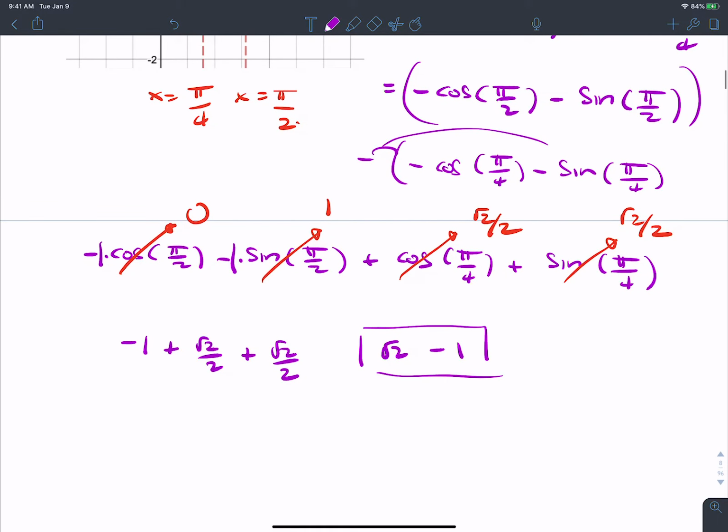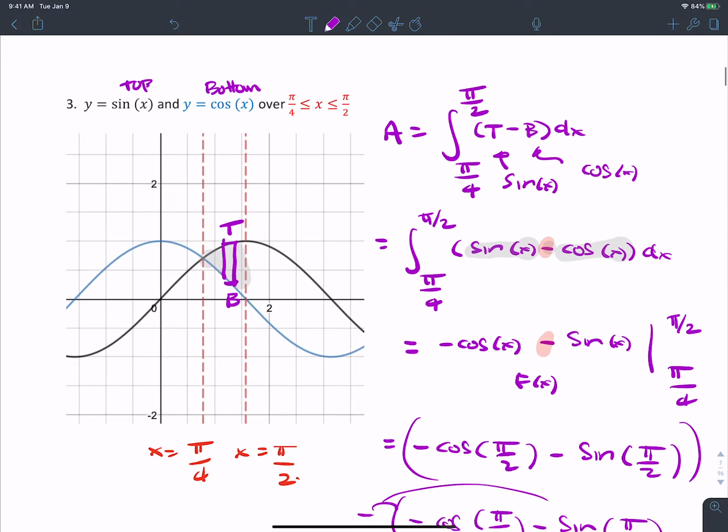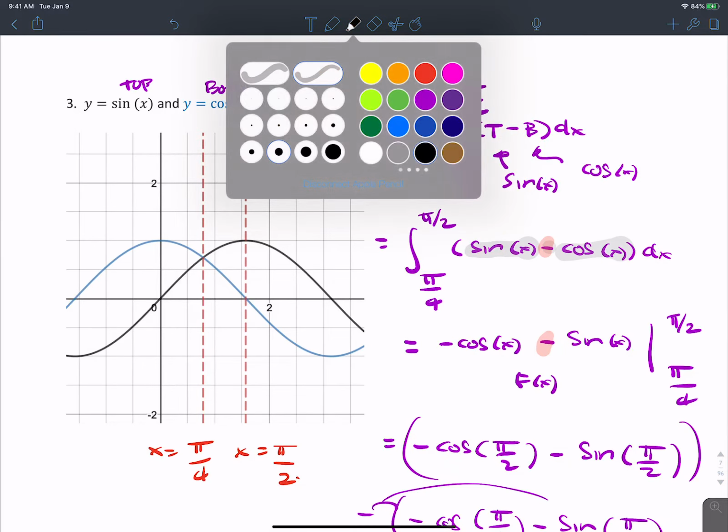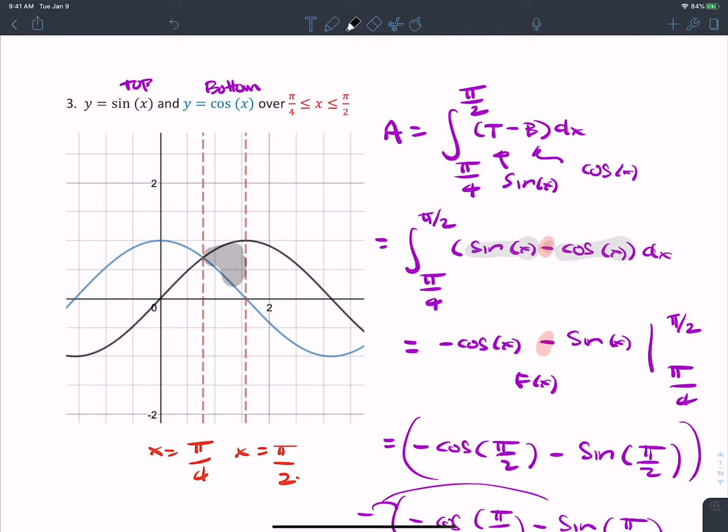And I want to point out, the square root of 2 is approximately 1.4. Is that right? So 1.4 minus 1 is about 0.4. In other words, this area here, under that curve that we're trying to find, that area is going to be the square root of 2 minus 1.